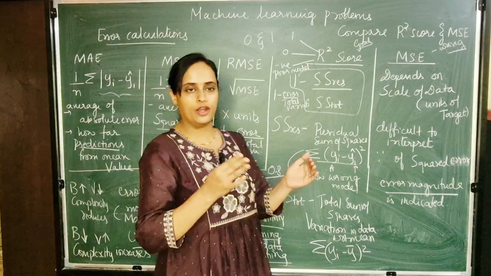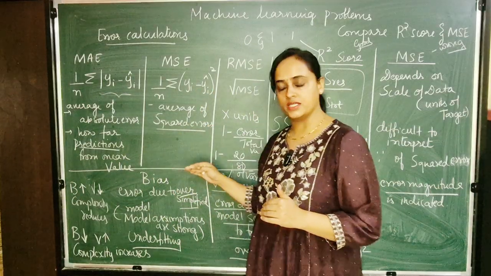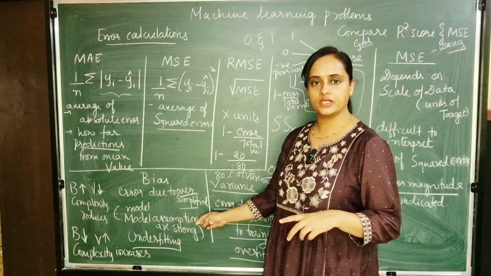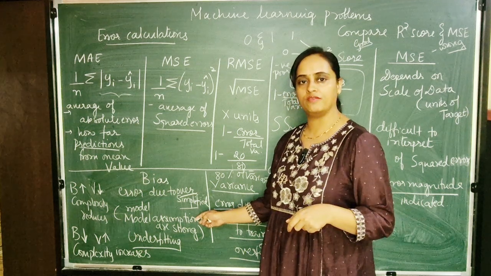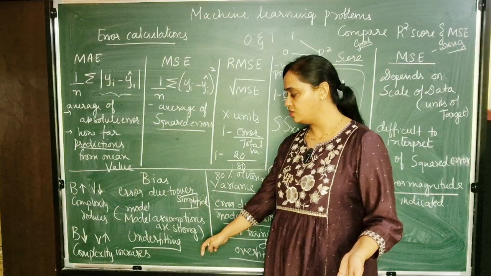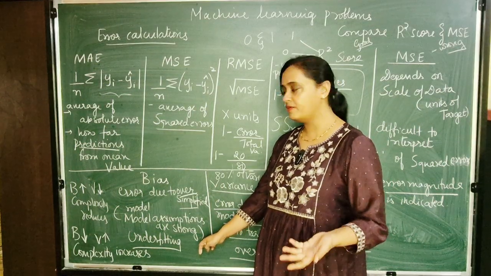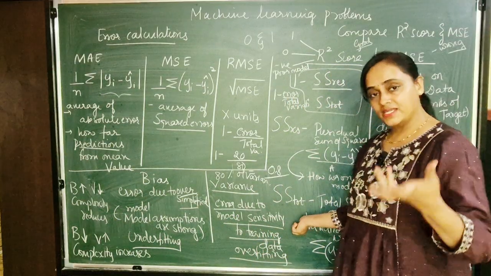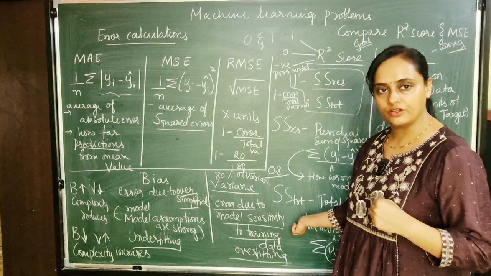Now, what is the trade-off? How do we compare the trade-off between bias and variance? As I told you, due to oversimplification, where my example was linear modeling for non-linear data, it causes underfitting, because the model is too simplified for non-linear data. Sometimes when the model complexity is more, noise will interfere.